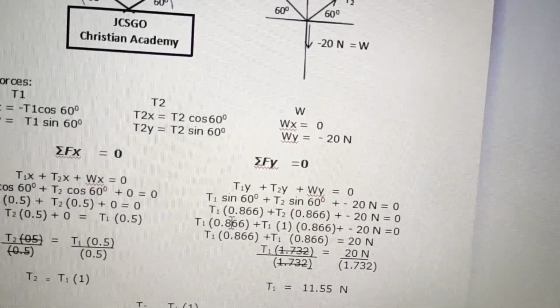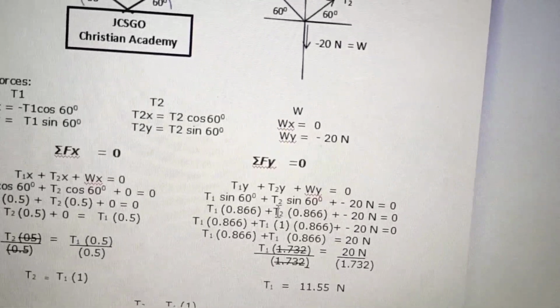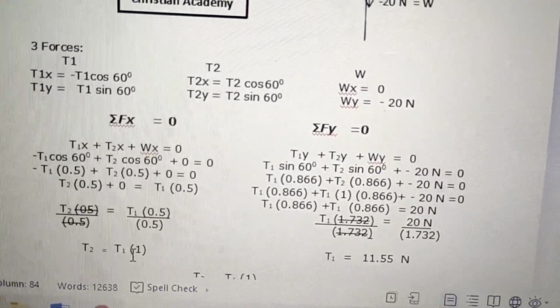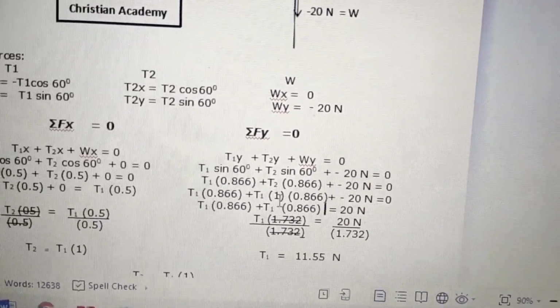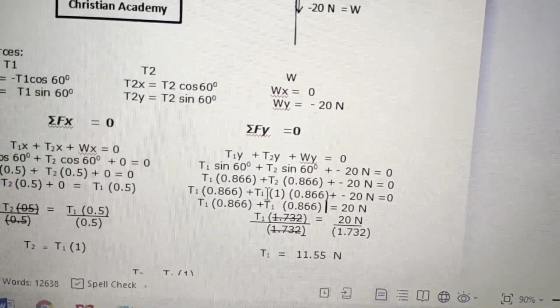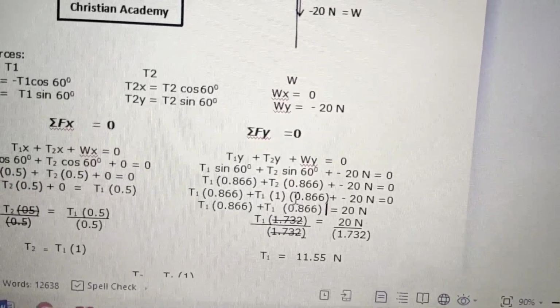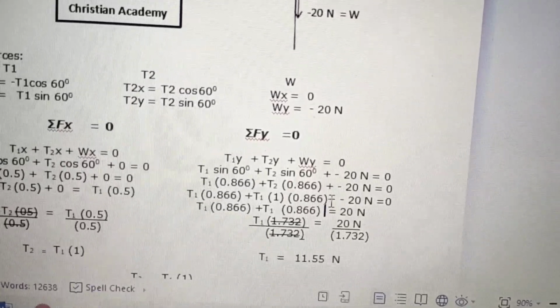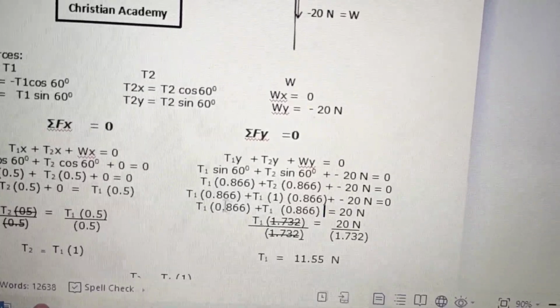T1 times 0.866 plus the value of T2, that is our value of T2, is T1 times 1. So T1 times 1 is equal to T1 times 0.866 plus negative 20 newtons is equal to 0.